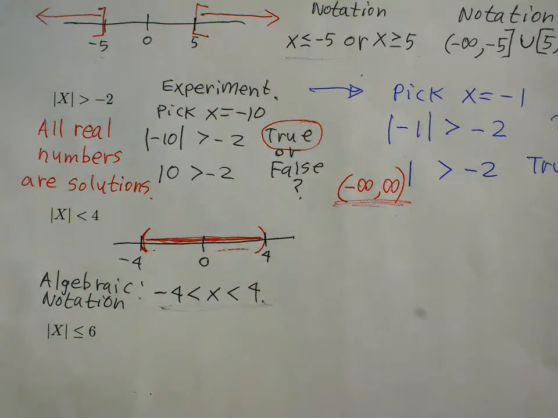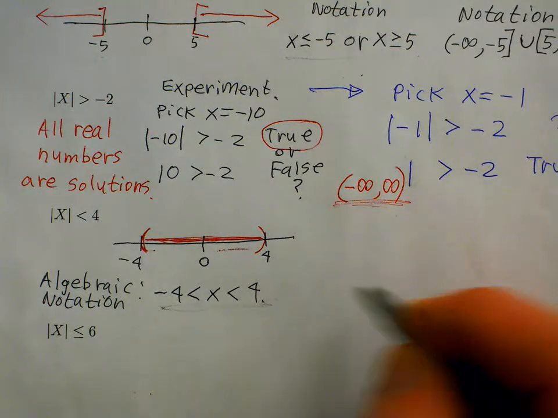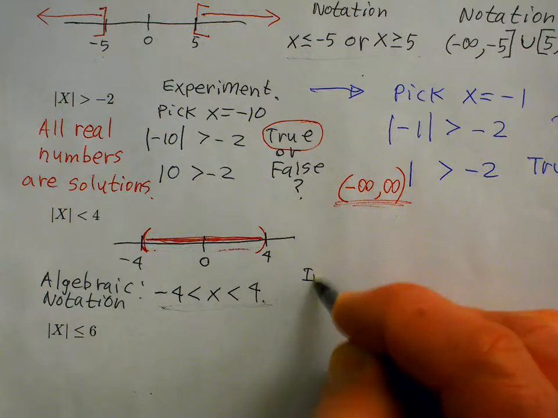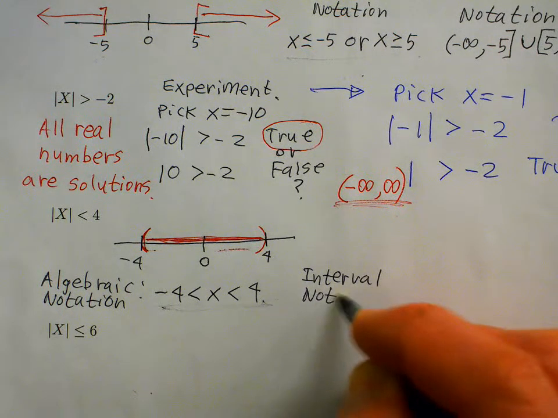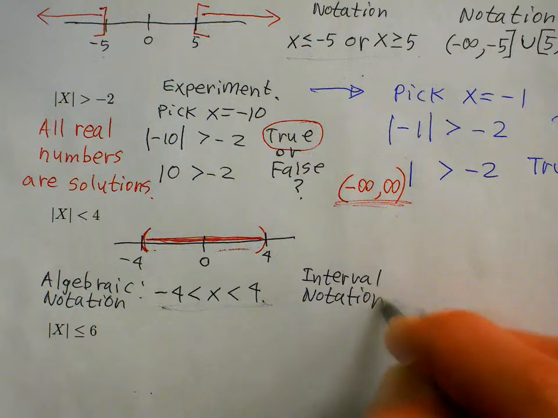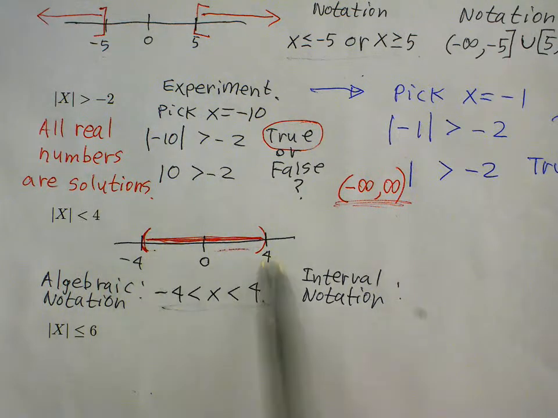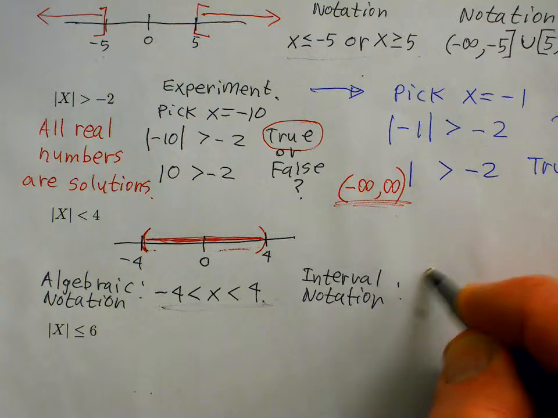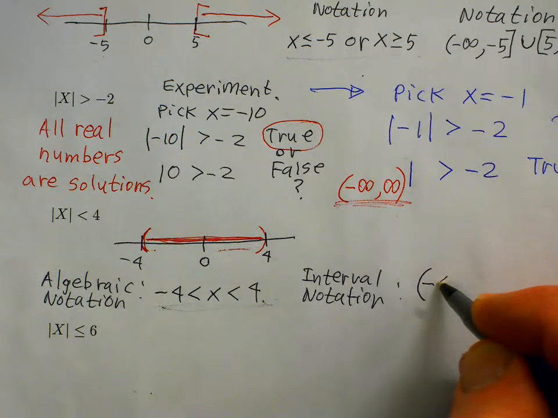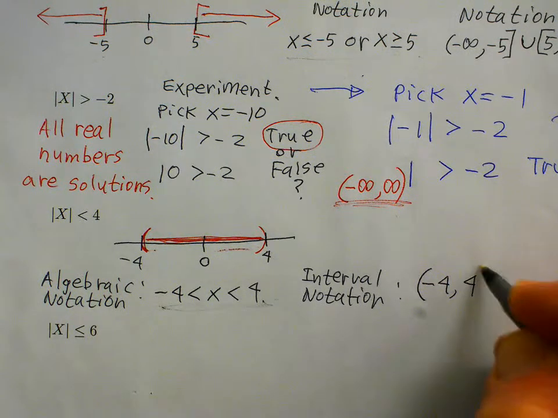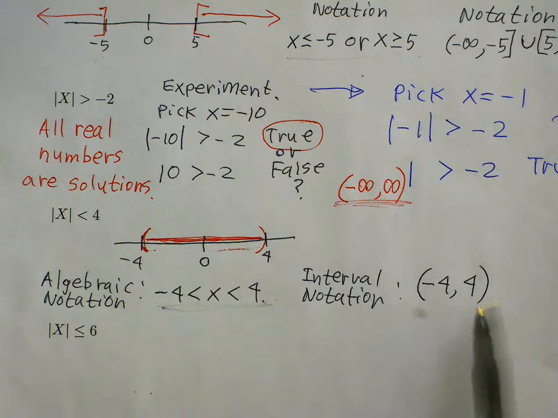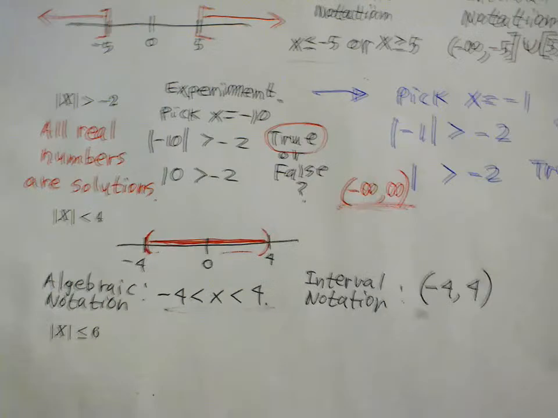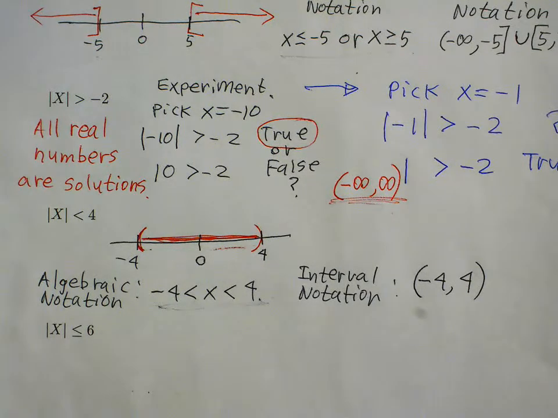Okay, the interval notation. Since we're excluding the endpoints, we use a parenthesis: (-4, 4). The parentheses on the ends indicate that they are not part of the set.